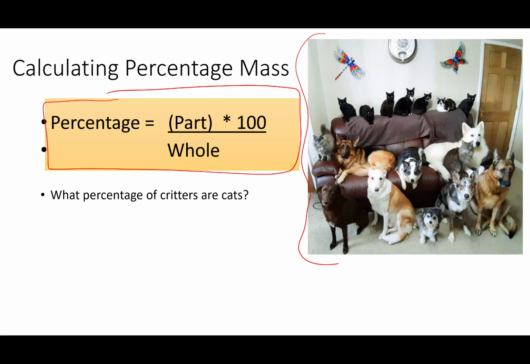But I want to calculate what percentage of this collection of critters happens to be cats. So we're going to use this calculation. The percentage is equal to the part divided by the whole. So it's going to be the number of cats divided by all of the critters that are present.